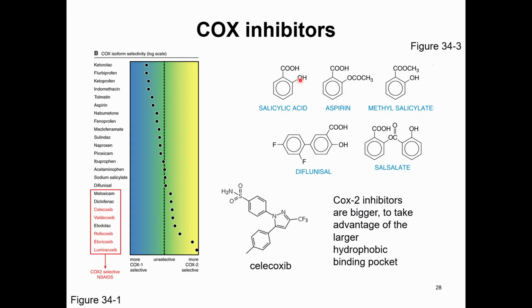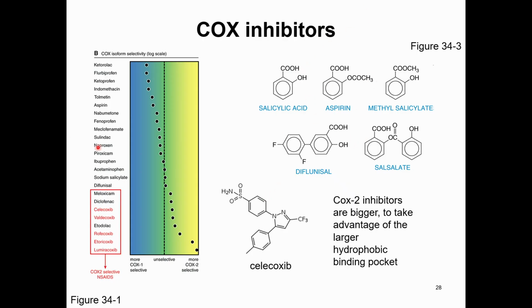And so here are these different structures of COX inhibitors, and it shows you whether they're more selective for COX-1 or COX-2. So remember selectivity from last time? In this case, we have one drug with two different possible targets, and we want to see which drug is more selective for COX-1 versus COX-2. And let's take a couple of favorites.